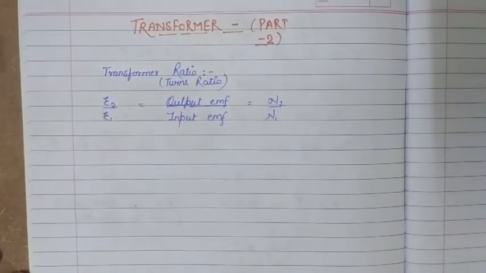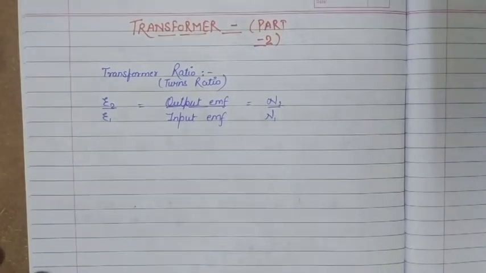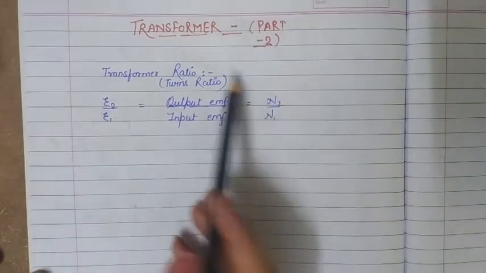While finding the transformer ratio, we considered three assumptions that we have to keep in mind, that is, what did we assume and under what assumptions does the transformer ratio come out to be this.